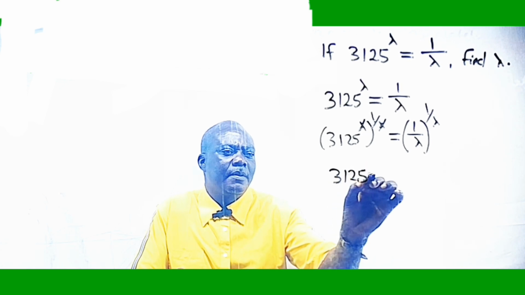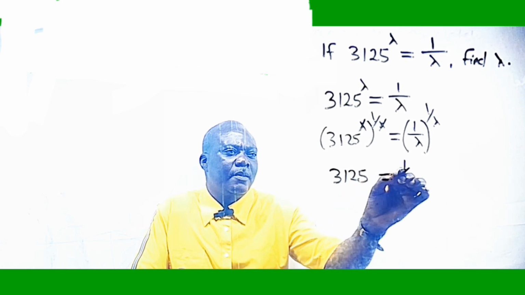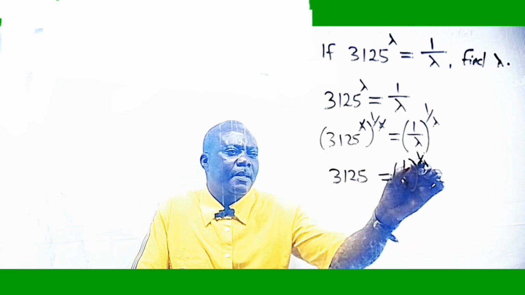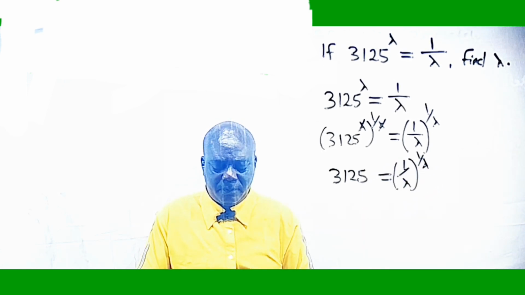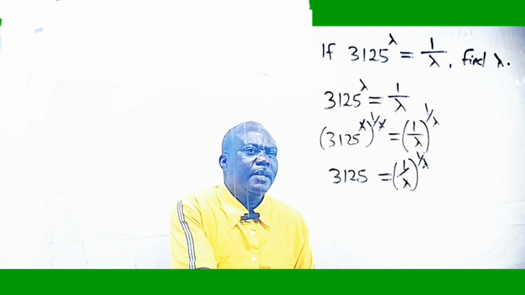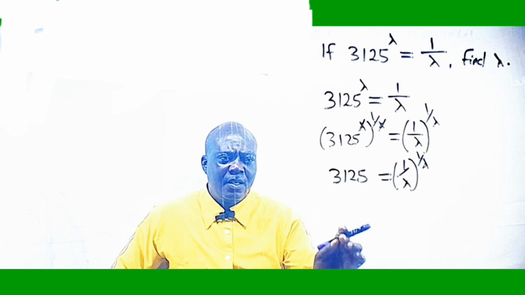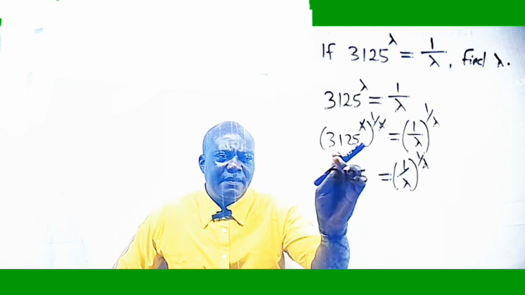So you have 3125 equals 1 over lambda to the power 1 over lambda. To solve this one now, you should manipulate the left hand side.